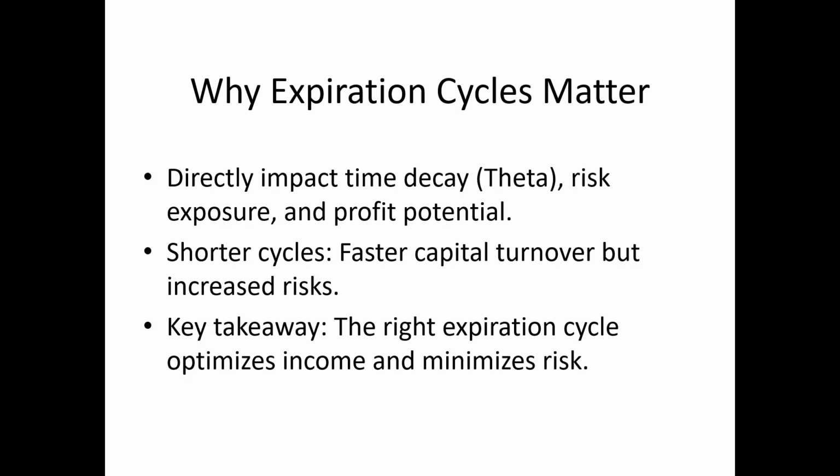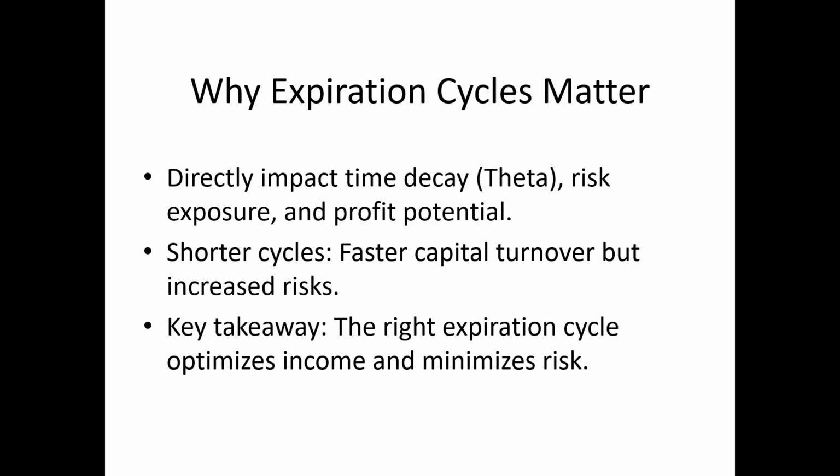Now, we know that we can choose anything from 0 DTE, which would probably be the shortest expiration cycle, all the way out to LEAPS, anything beyond 365 DTE. Now, the reason why we are going to talk about shorter cycles is because you get faster capital turnover, and that's the good part, right?